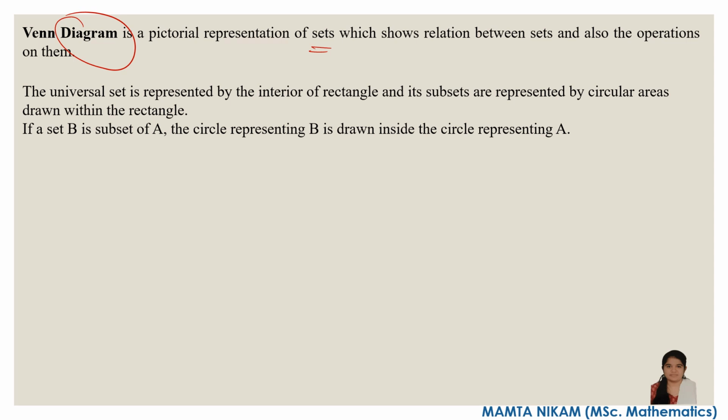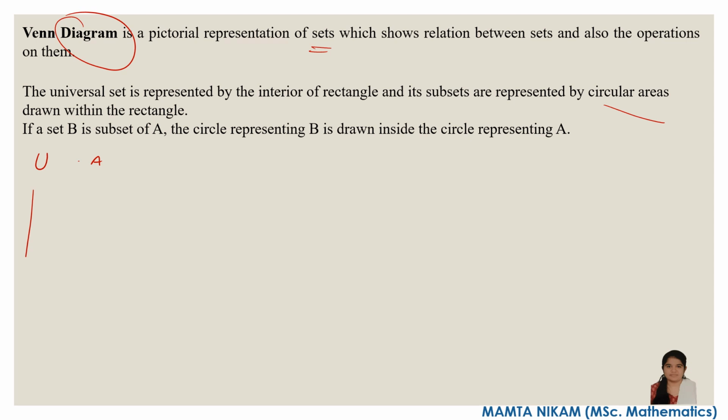The universal set is represented by the interior of a rectangle, and its subsets are represented by circular areas within the rectangle. So what does this mean? When A is a set of a universal set, how do we represent this? U is a universal set and A is a set.